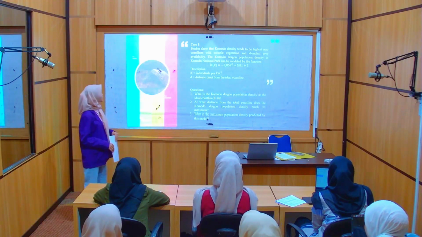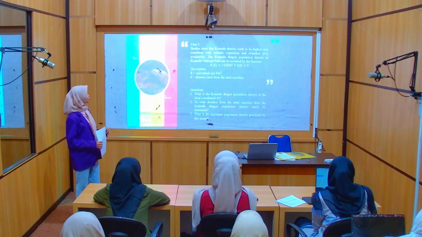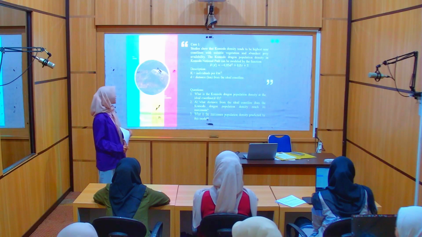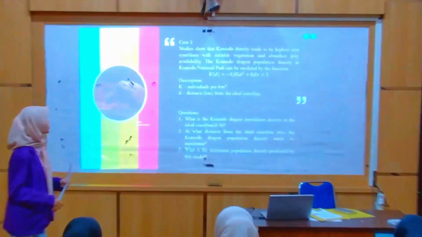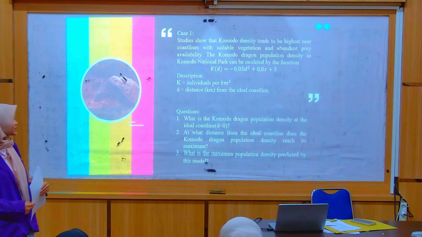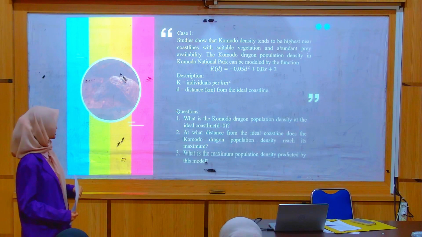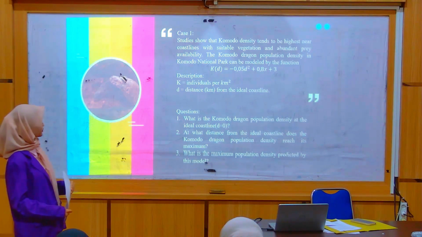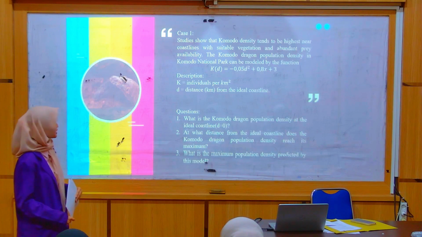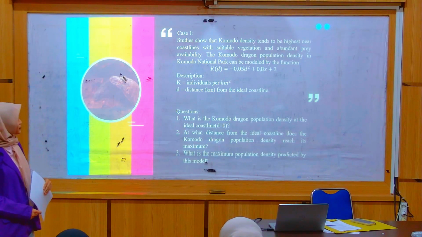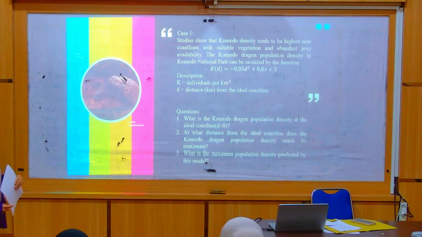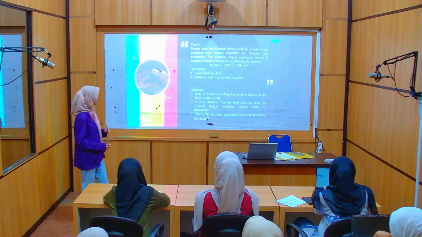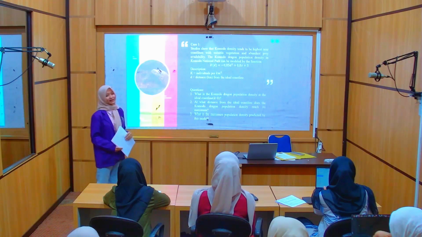Studies show that Komodo density tends to be highest near the coastline with suitable vegetation and abundant prey availability. The Komodo dragon population density in Komodo National Park can be modeled by the function k of d equals minus 0.05 d squared plus 0.8 d plus 3, where k is individuals per square kilometer and d is the distance from the ideal coastline.